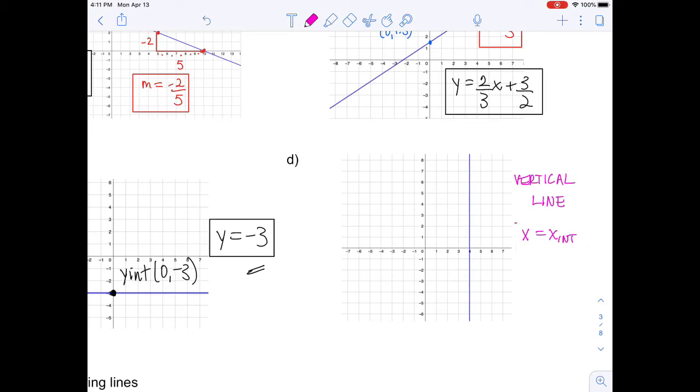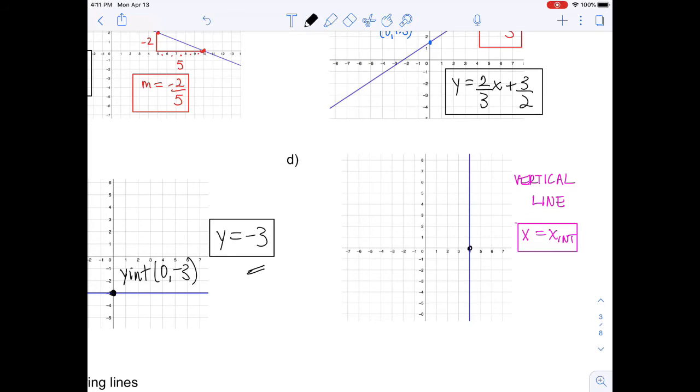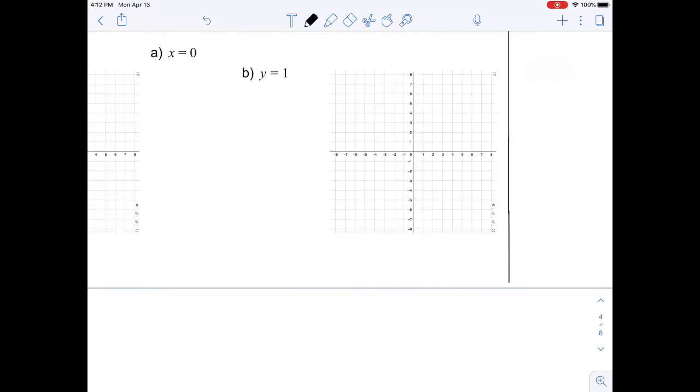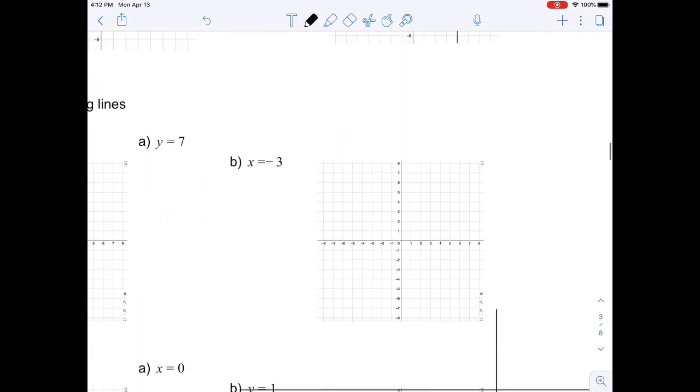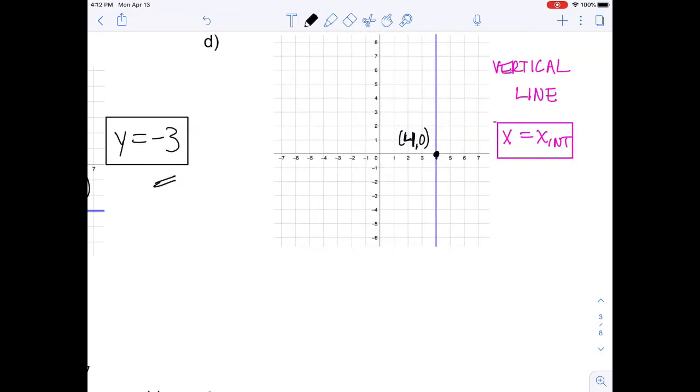As you can imagine, every vertical line has an x-intercept, so I can always use that to figure out the equation of my line. In this case, my x-intercept is (4, 0). So the answer to this question is simply x equals 4.